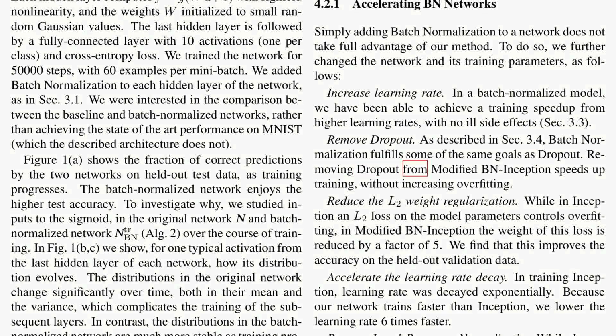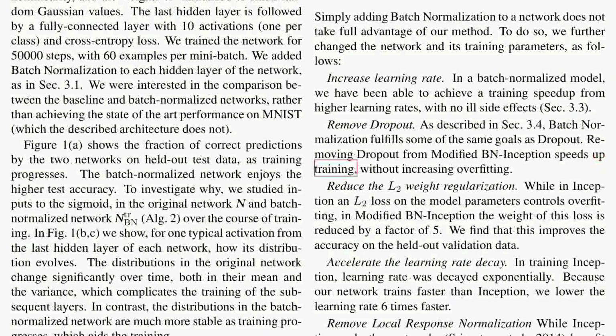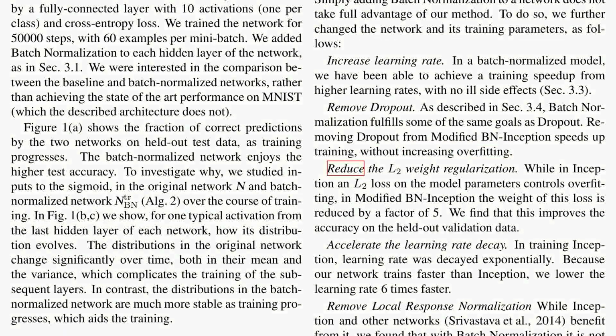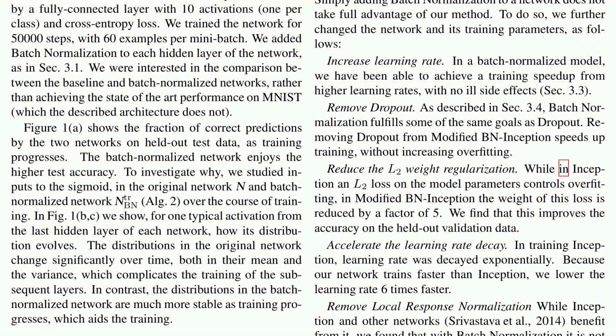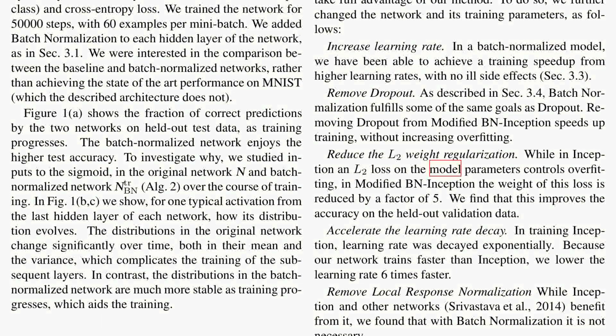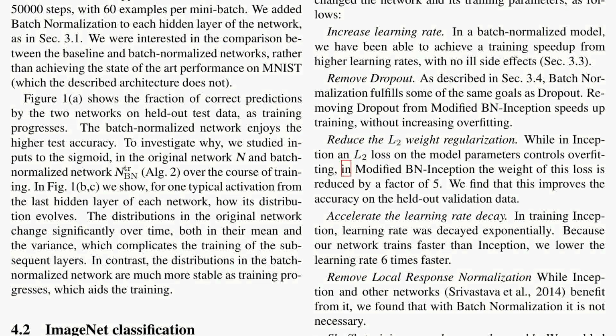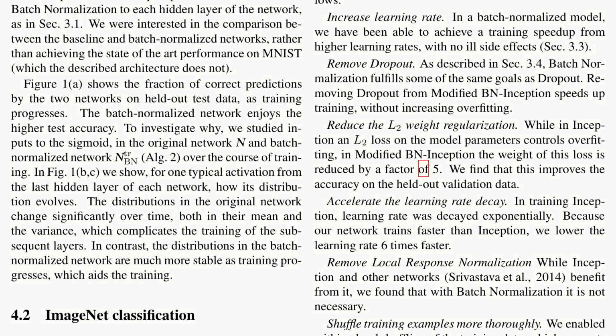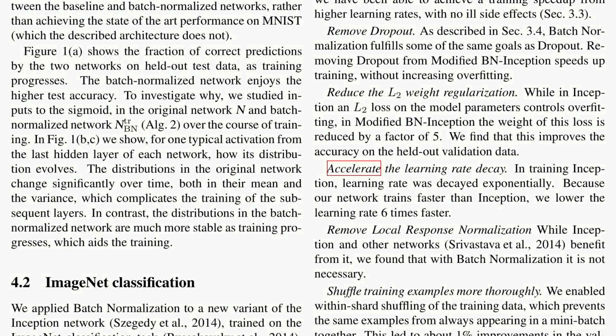Removing dropout from modified BN-Inception speeds up training without increasing overfitting. Reduce the L2 weight regularization. While in Inception an L2 loss on the model parameters controls overfitting, in modified BN-Inception the weight of this loss is reduced by a factor of 5. We find that this improves the accuracy on the held-out validation data.